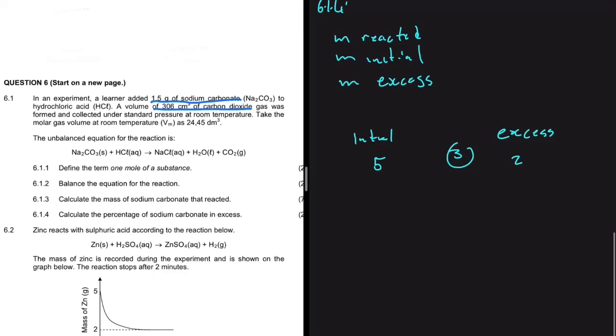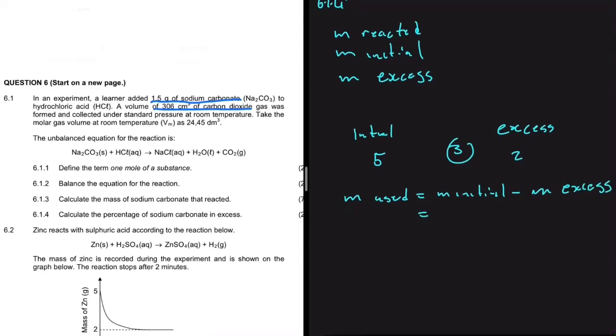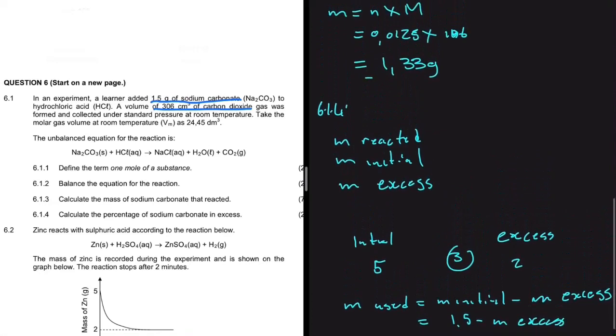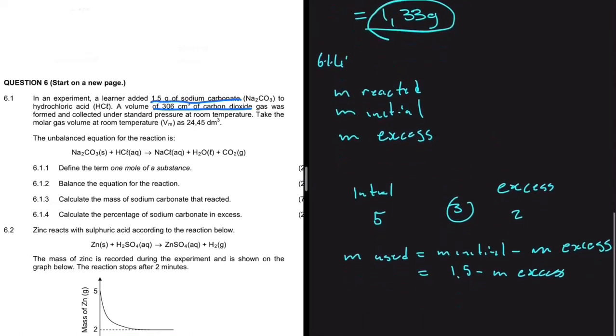So this is just telling us that the mass that is used is equal to the mass initial minus the mass in excess, right? You cannot deny, for Adam and Eve's sake. So the mass initial is given to us as 1.5, right? The mass in excess, that's what we're looking for. And the mass used is what we calculated here, 1.33.